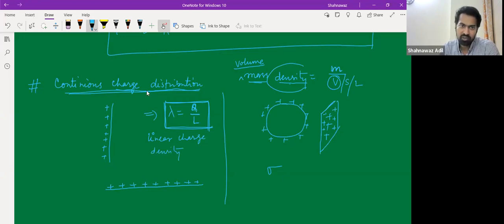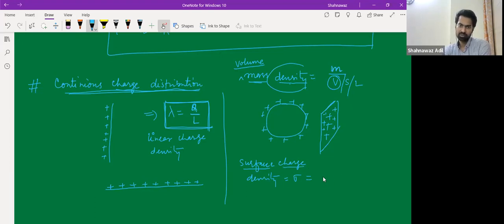Then we have this surface charge density, which is denoted by sigma, and this would be how much? Saad, you tell me. Remember, this is surface and charge density.